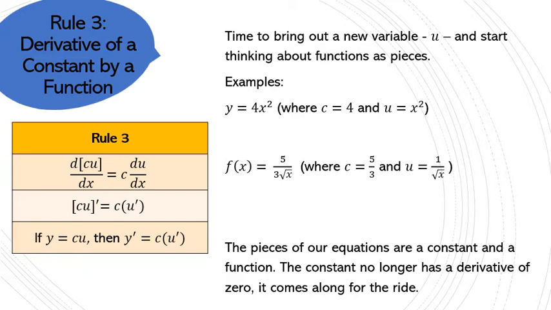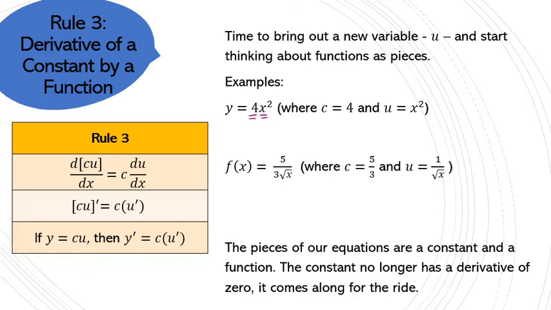So if we have an equation, y equals 4x squared, and we want to find the derivative of this, well, we need to think of what it's made up of. We have a number, what we would have previously called a constant when it was not multiplied by anything, just sitting by itself. And we have this little kind of function here, x squared.